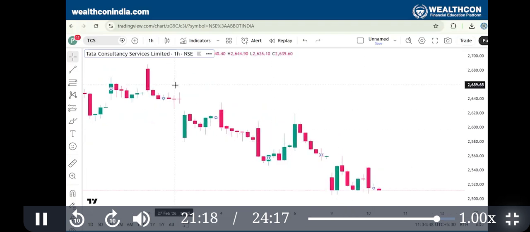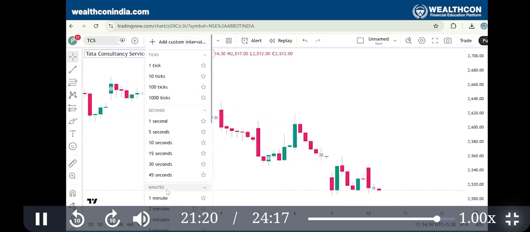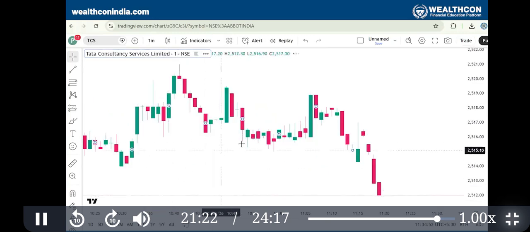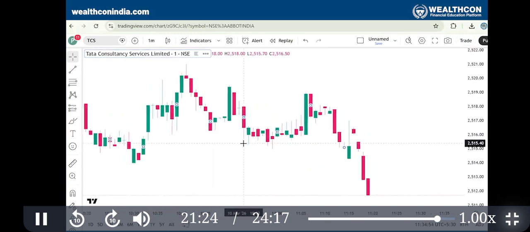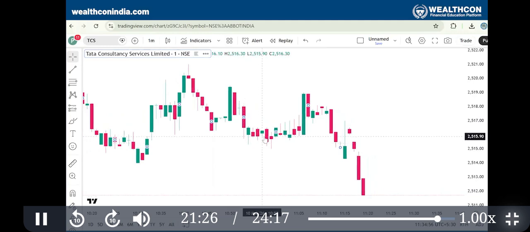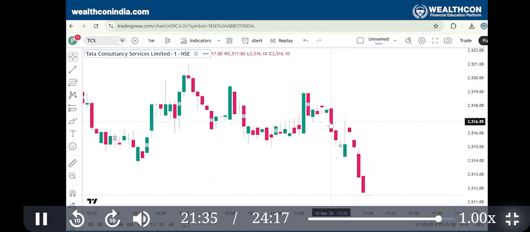We can select even a smaller time frame, like minute, as well. Whether it is paid or not I don't know, but in a broker we get minute data easily. So one candle represents 1 minute of data, in which price will be open, high, low, close.